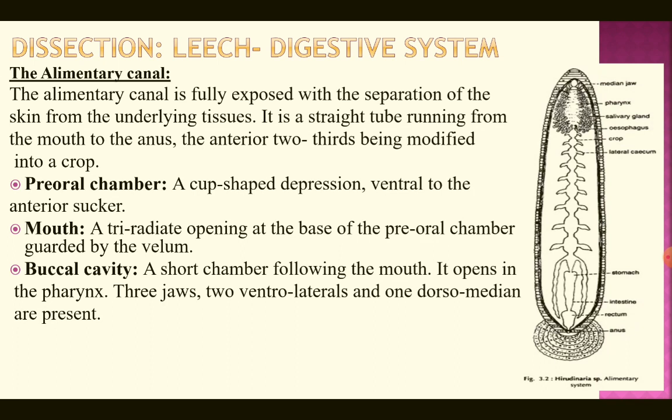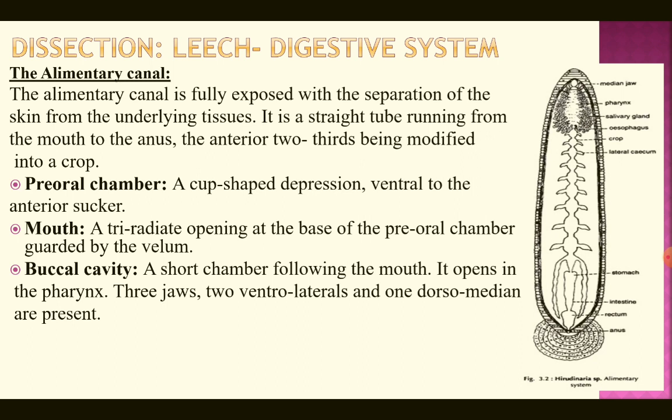The mouth is a triradiate opening at the base of the preoral chamber, guarded by the velum. It is a triradiate opening because it contains 3 jaws inside the mouth. Then the buccal cavity, a short chamber following the mouth, opens into the pharynx. 3 jaws, 2 ventrolateral and 1 dorsomedian in position, are present in the buccal cavity.